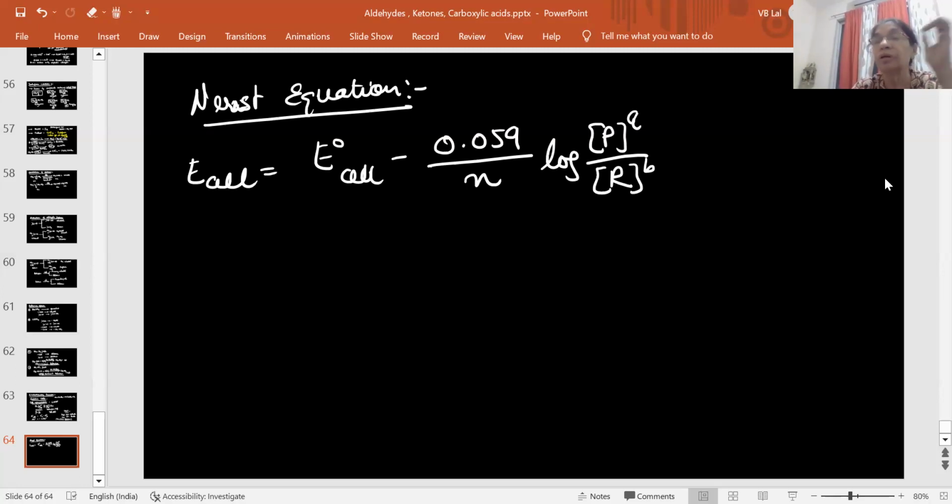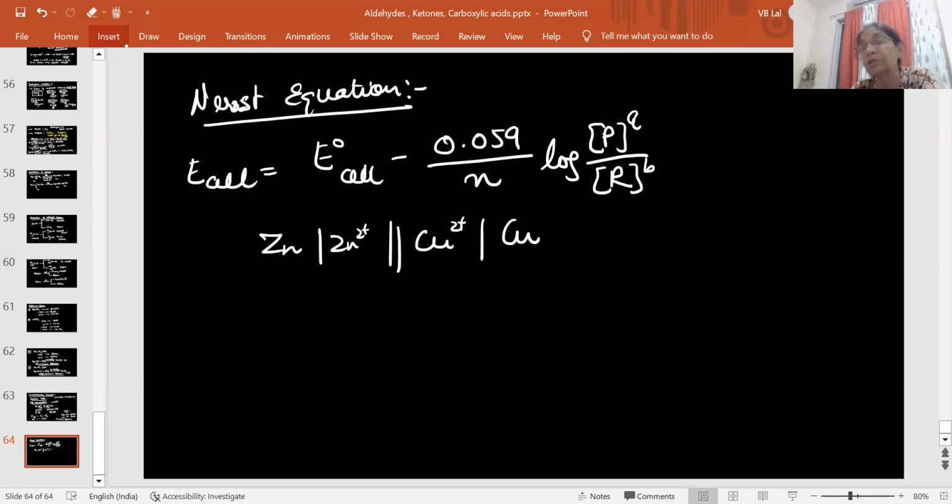So in the same reaction which I had given earlier, Zn changing to Zn2+ and Cu2+ changing to Cu, if it is the same equation, and here it is 0.01 molar and this is 0.02 molar, then what will be E cell?